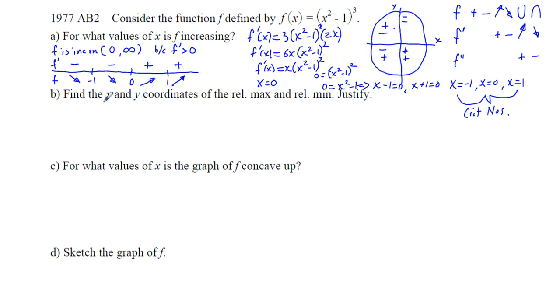And B, find the x and y coordinates of the relative max and relative min. Justify. Well, we have a relative min at x equals 0 because f prime changes from negative to positive.